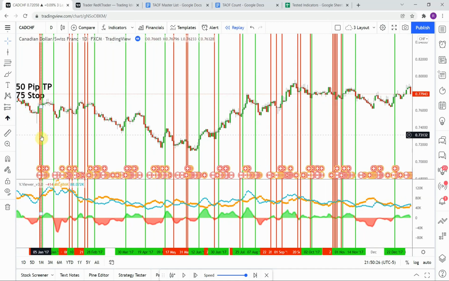So we have 1, 2, 3, 4, 5, 6, 7, 8, 9, 10, 11, 12, 13, 14, 15, 16, 17, 18, 19, 20, 21, 22, 23, 24, 25, 26, 27, 28, 29, 30, 31, 32, 33, 34, 35, 36, and 37. So we have 37 trades all together, and we have 1, 2, 3, 4, 5, 6, 7, 8, 9, 10, 11, 12, 13, 14, and 15.